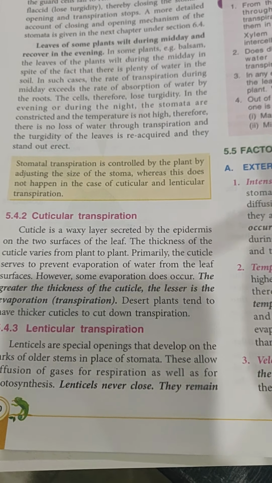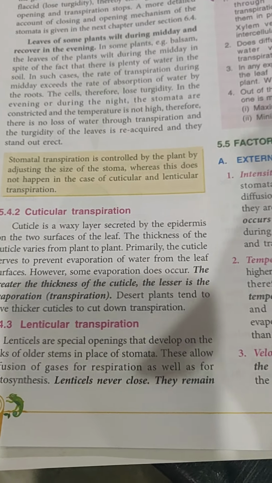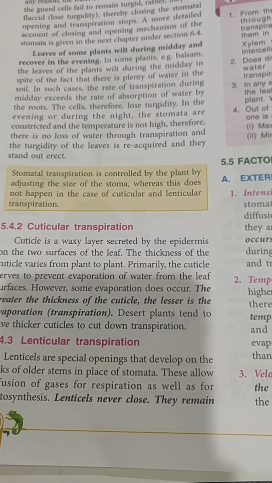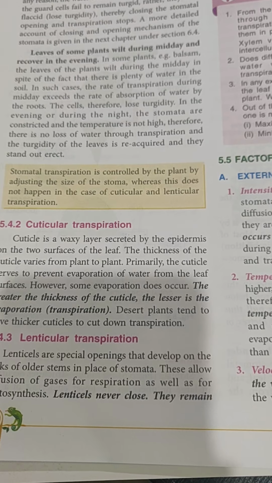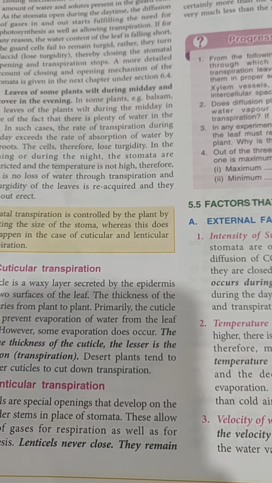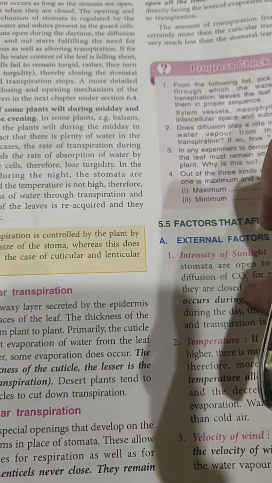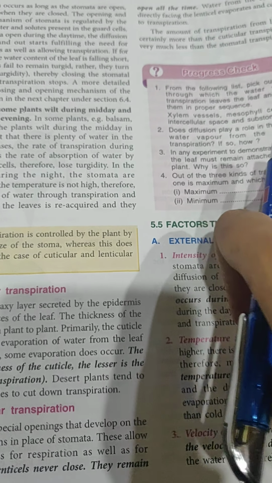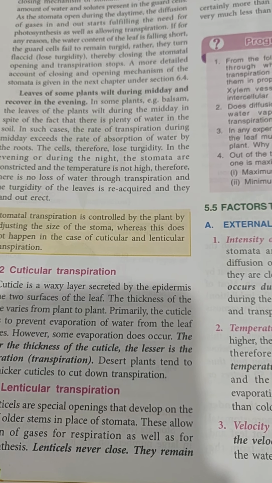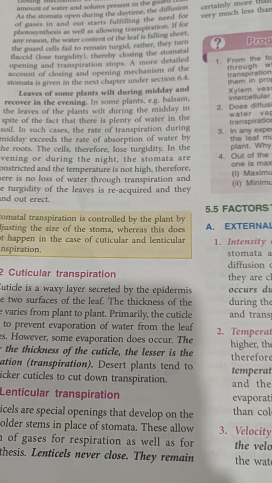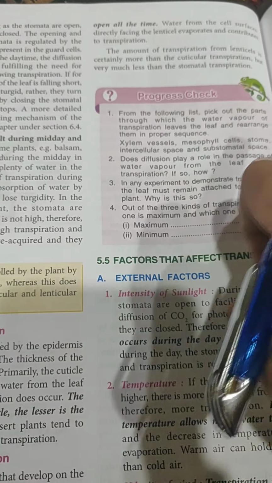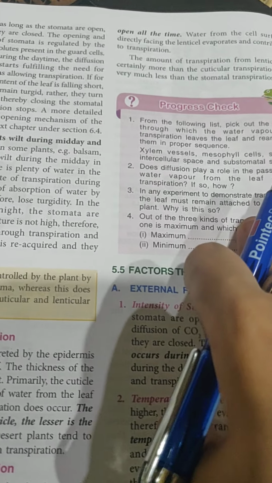So if there is some opening, it will always allow the water to come out. So water from the cell surface directly facing the lenticel helps in evaporation of the water. That means the cells which are facing the lenticels participate in this type of transpiration.